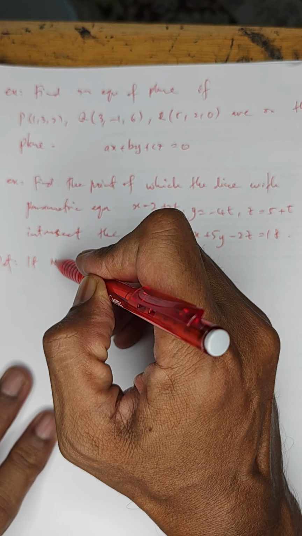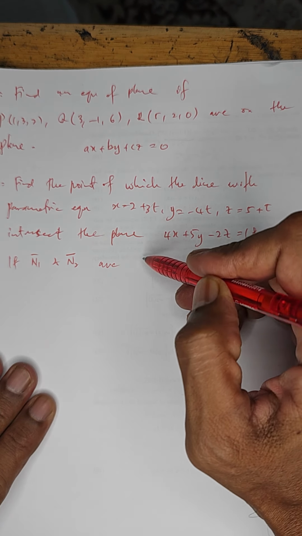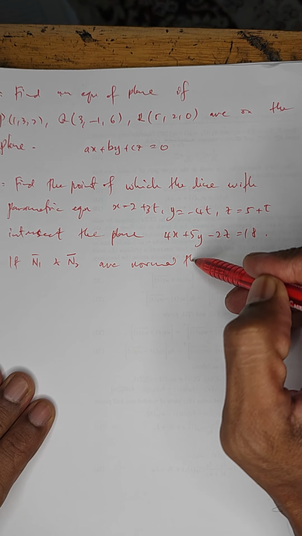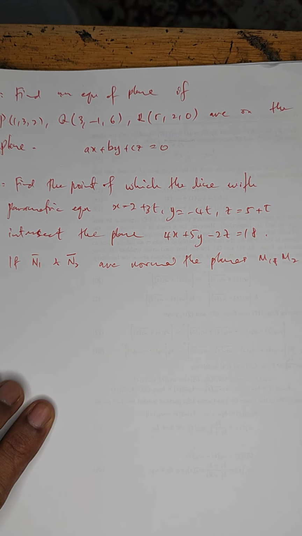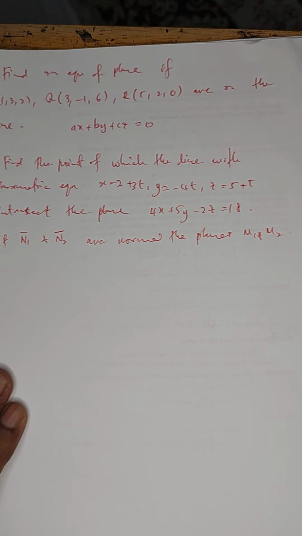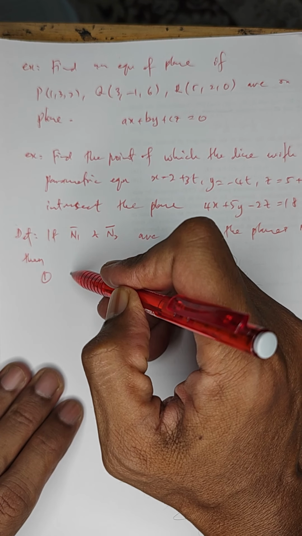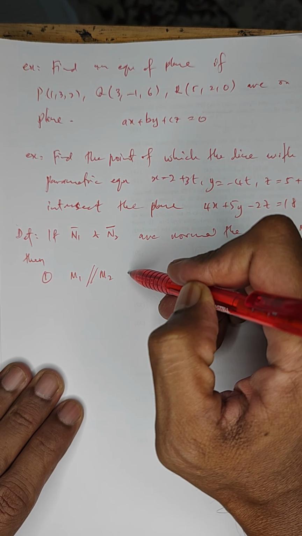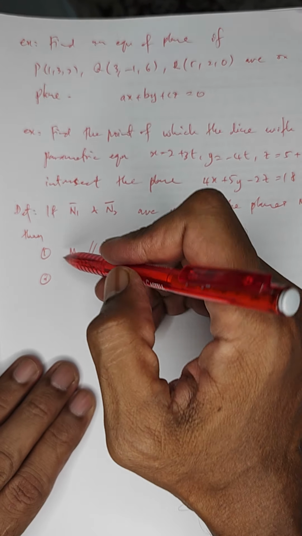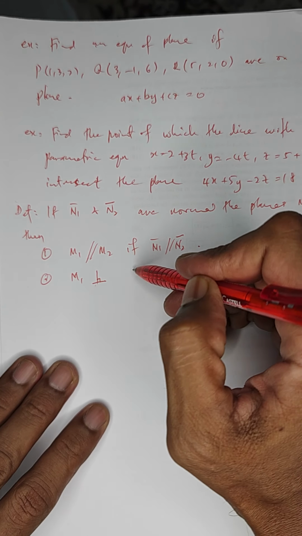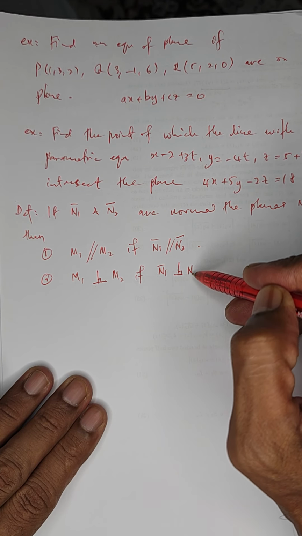If n1 and n2 are normal to the planes m1 and m2, then m1 is parallel to m2 if n1 is parallel to n2, and m1 is perpendicular to m2 if n1 is perpendicular to n2.